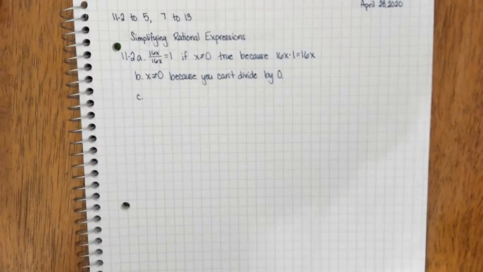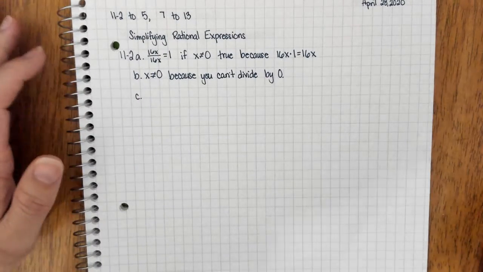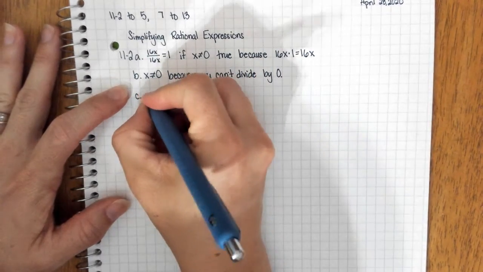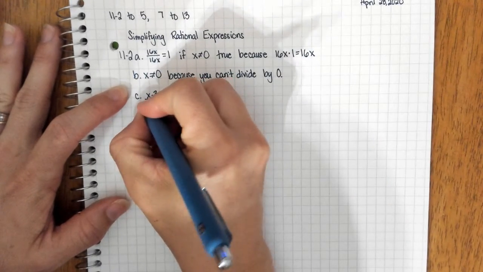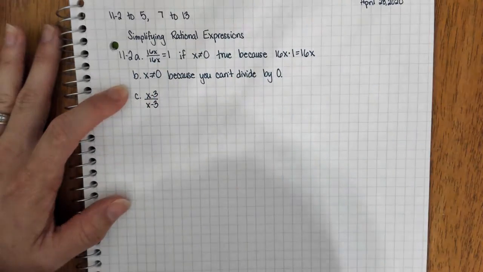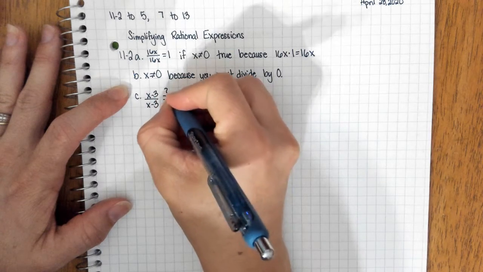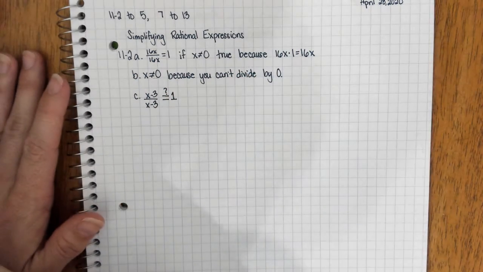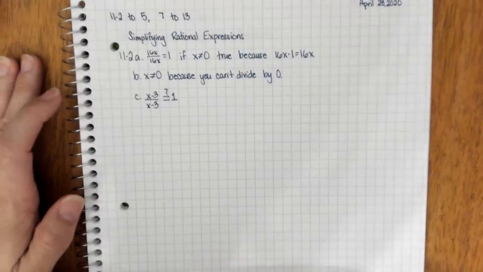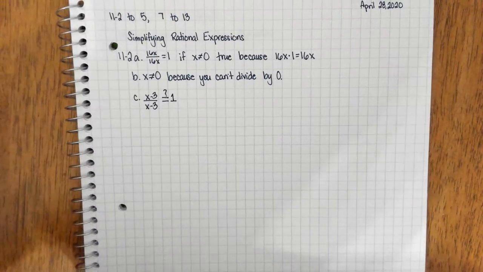And then Mr. Wonder considers x minus 3 divided by x minus 3. And he's asking the question, does this equal 1? So this does equal 1.